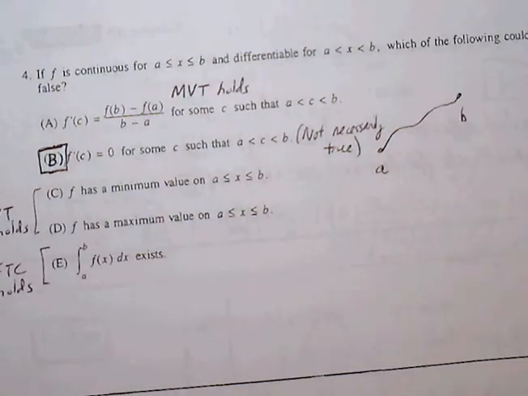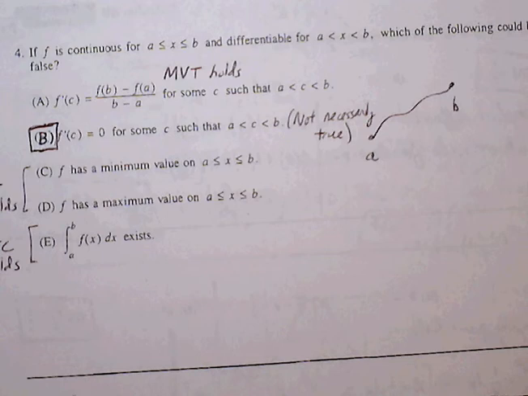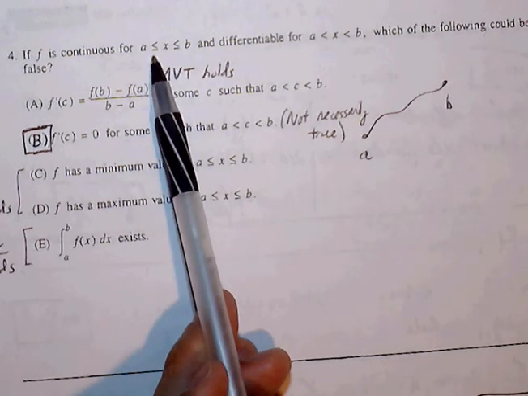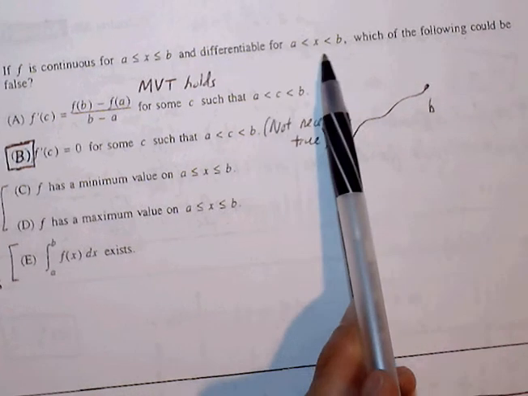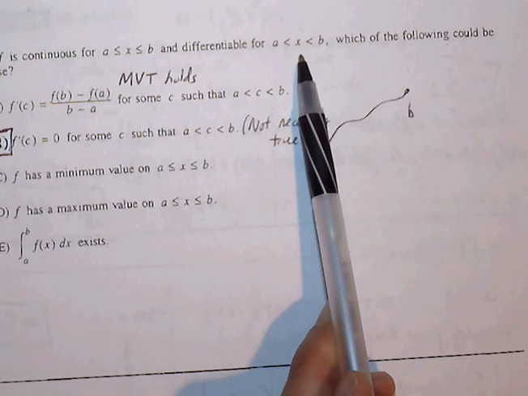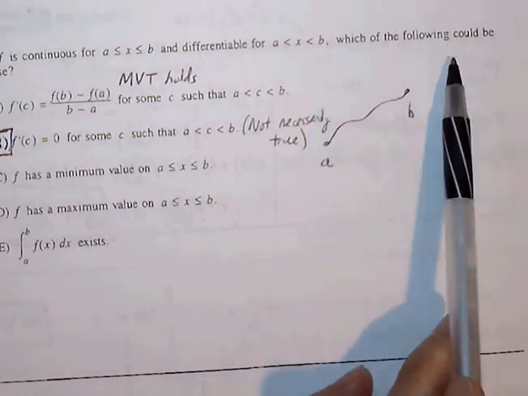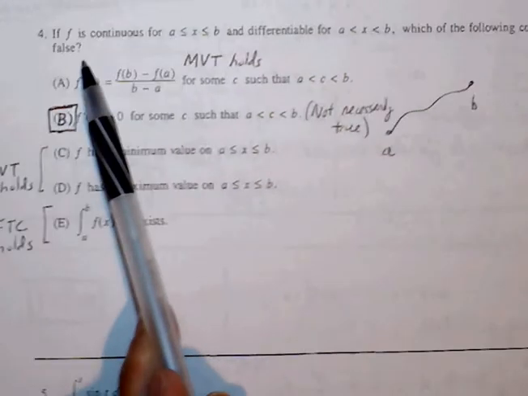All right, number 4. If f is continuous between a and b, inclusive, and differentiable for the open interval between a and b, which of the following could be false?